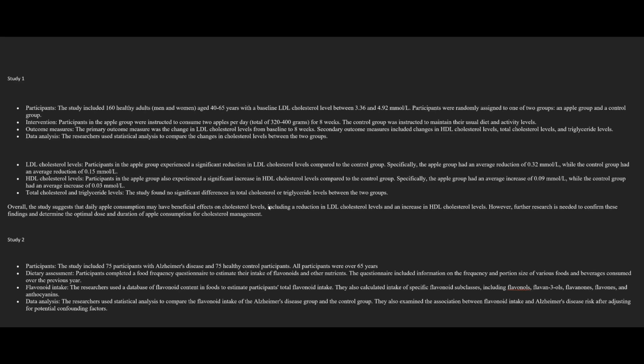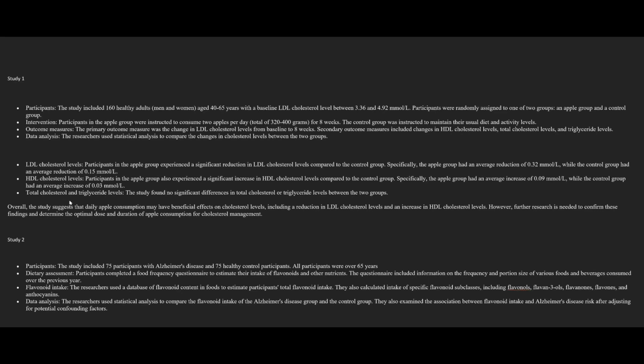HDL cholesterol levels. Participants in the apple group also experienced a significant increase in HDL cholesterol levels compared to the control group. Specifically, the apple group had an average increase of 0.09 millimoles per liter, while the control group had an average increase of 0.03 millimoles per liter.